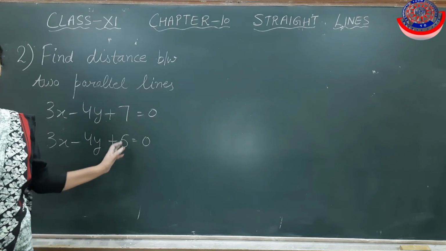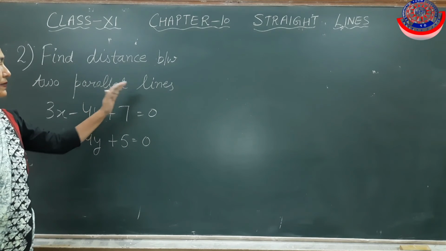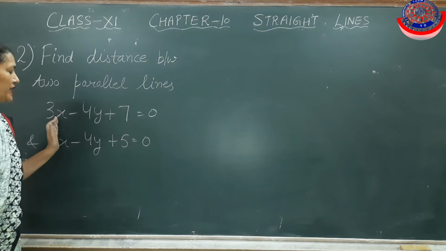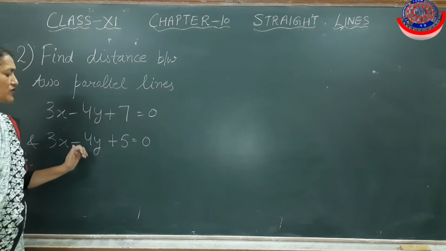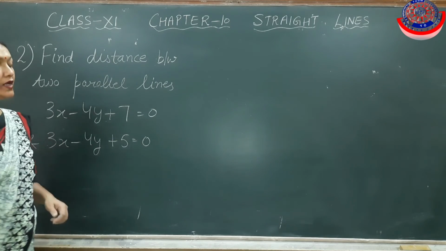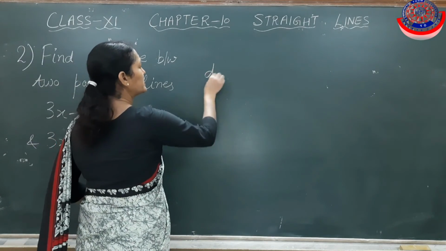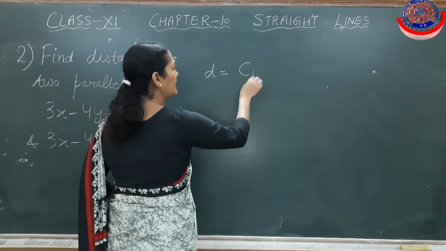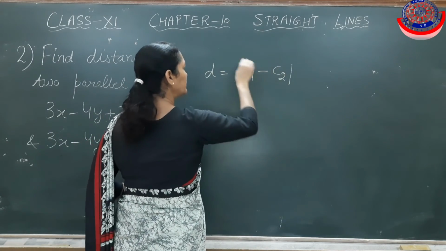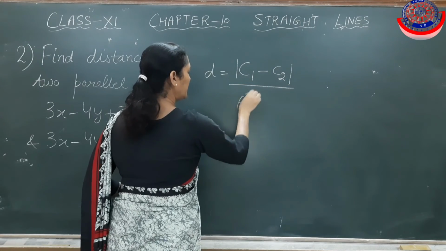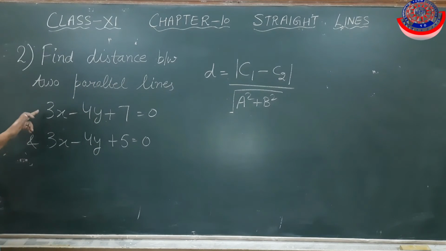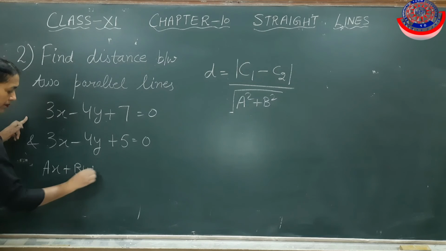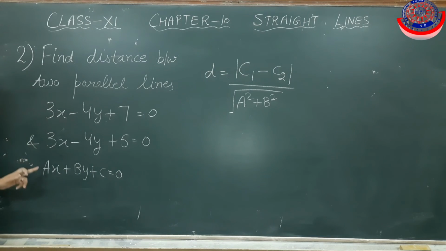Second example I have taken where they are saying find the distance between the parallel lines having equations 3x minus 4y plus 7 equal to 0, and the second is 3x minus 4y plus 5 equal to 0. We have learned that the perpendicular distance between parallel lines can be obtained as mod of c1 minus c2 upon under root a square plus b square. So if we compare these two equations with ax plus by plus c is equal to 0, what is a?